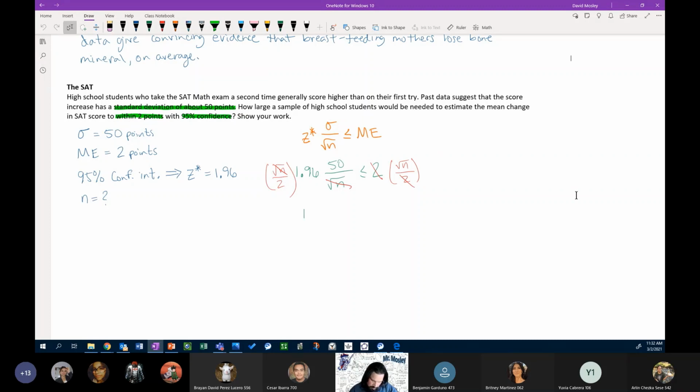And we get 1.96 times 50 divided by 2 is less than or equal to the square root of n. We're going to square each side. The squaring cancels our square root of n. Right. And we end up with 2,401 is less than or equal to n.